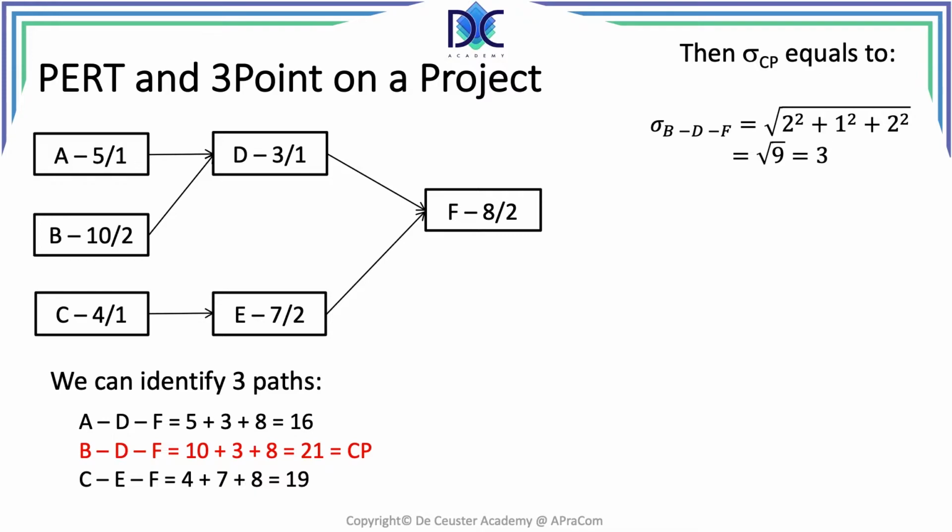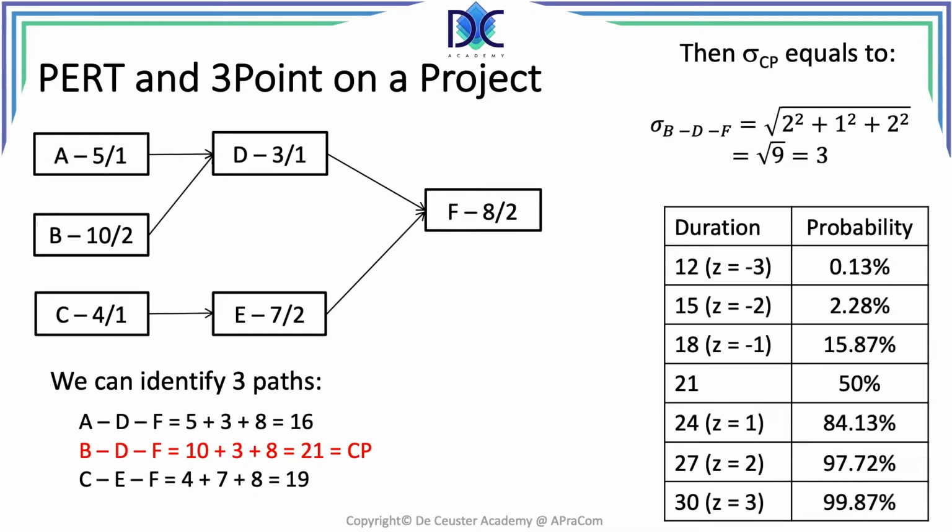With those two numbers, the duration of the critical path and the standard deviation, we can calculate the relationship between duration and probability. We already know that the duration that we find with the PERT values, the 21, has a probability of 50% to be less or more.